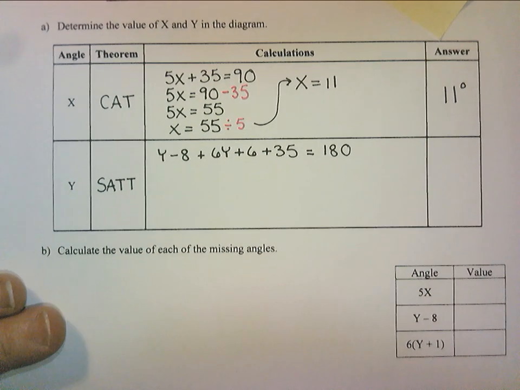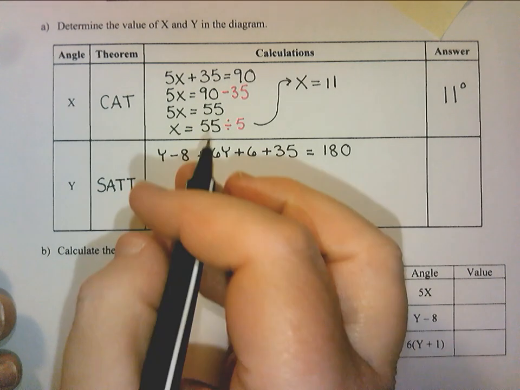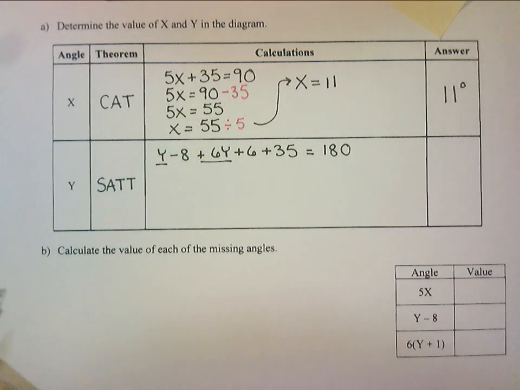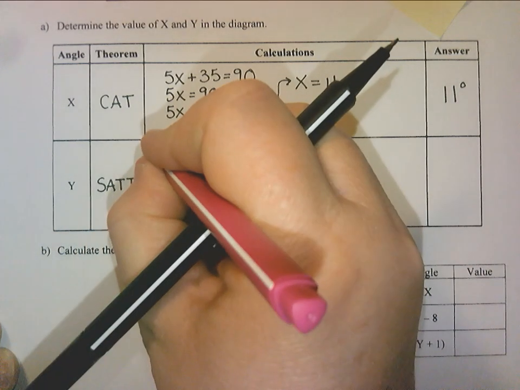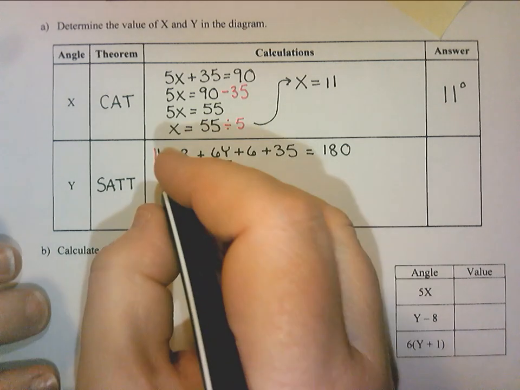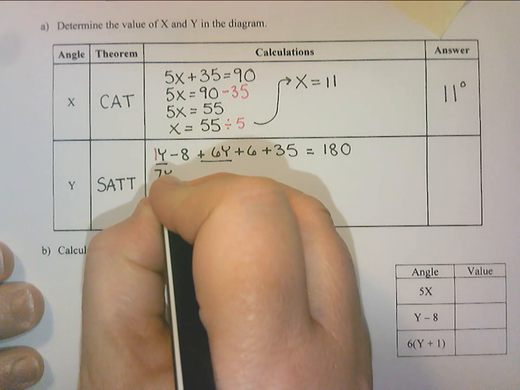My next step would be to collect up like terms. I have a y and a plus 6y. This y counts as 1y. So 1 plus 6 is 7 y's.